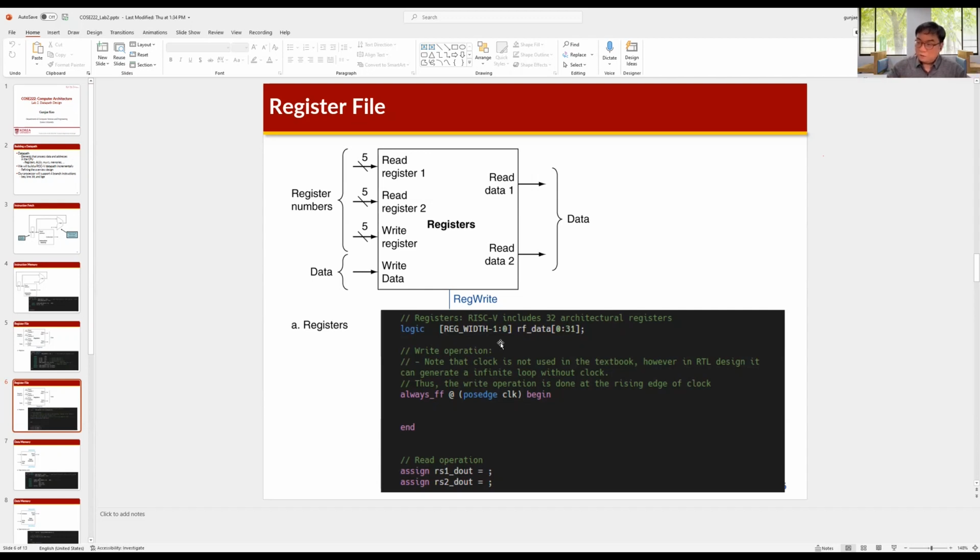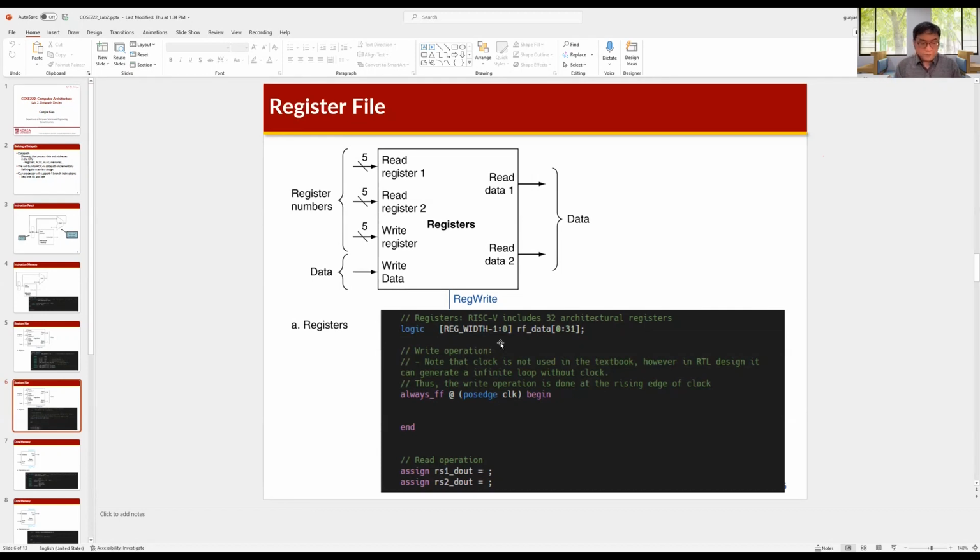Then in SystemVerilog, if the new value is given to this combinational logic, it works again because the input values are updated. In the first class of chapter 4, I explained that combinational logic is something like y equals f(x), where x is just the input signals, and if x changes, the output changes after some delay.